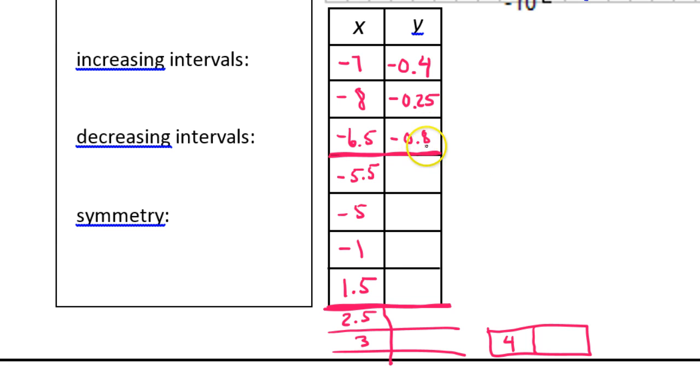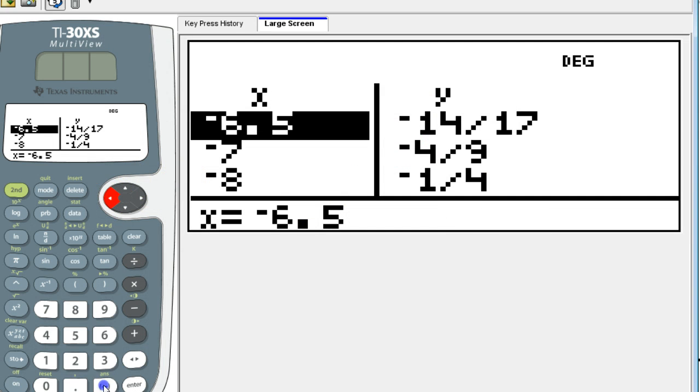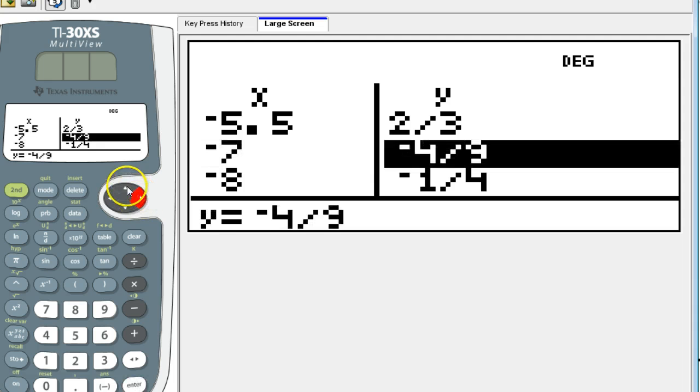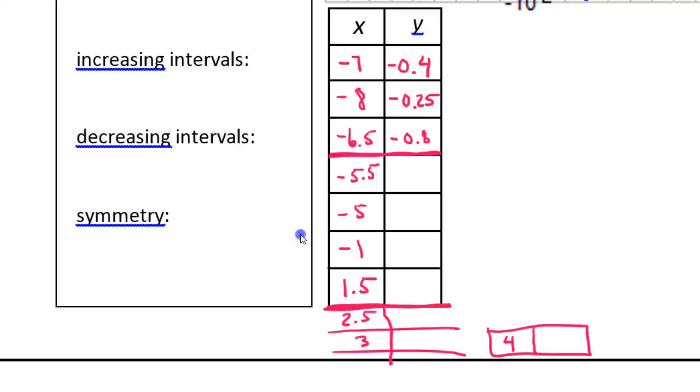Those are all really small numbers. That's really interesting. Now let's look at -5.5. That's -0.7.